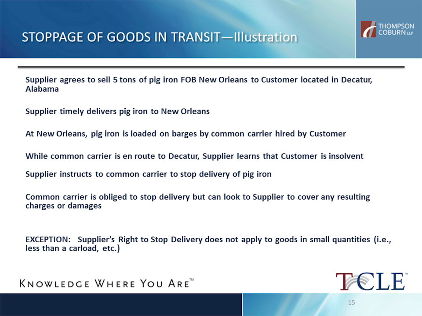Now, the right to stop delivery is going to end when, obviously, the common carrier delivers the goods to the customer. That right could also end if the customer has provided the common carrier with instructions that would redirect the shipment of goods.